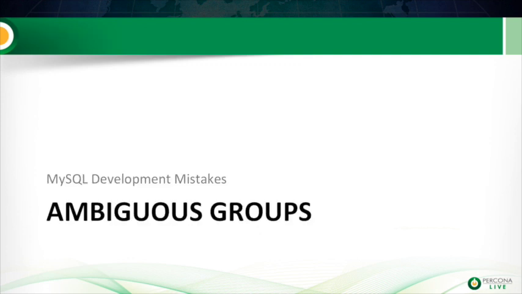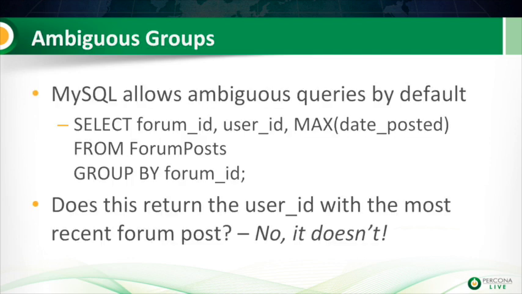Here's another one that I see come up frequently, ambiguous groups. In a query such as this one, I'm looking for my forum posts and I want to get the forum ID, the user ID, and the max date posted. So maybe this is querying for the most recent post in a given forum and the user who posted it.